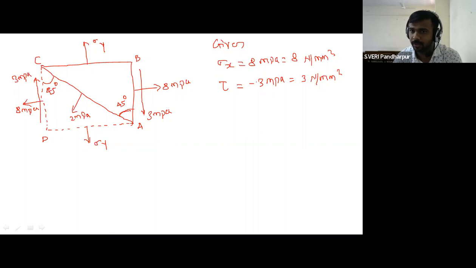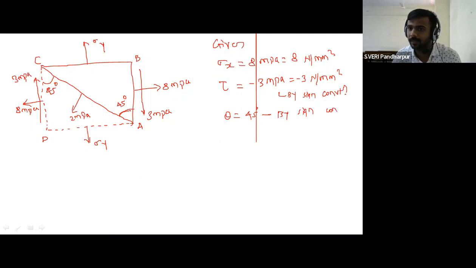So minus. Then in front of that we can write by sign conventions, theta is equal to 45 degree. It is also positive by sign conventions, and we have to calculate sigma y.